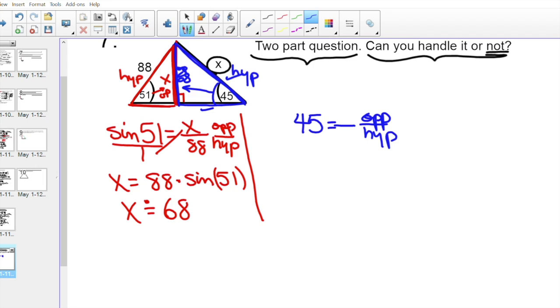That's called sine 45. Now, okay, here we go. We've got the opposite side is 68. And we've got the hypotenuse is x. Now, got a little situation here. We cross multiply. That's going to be x sine of 45 is equal to 68.